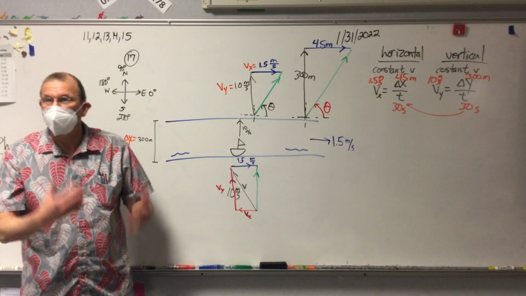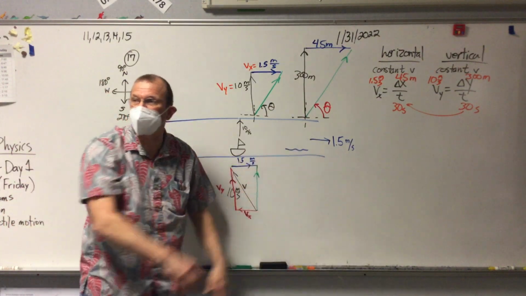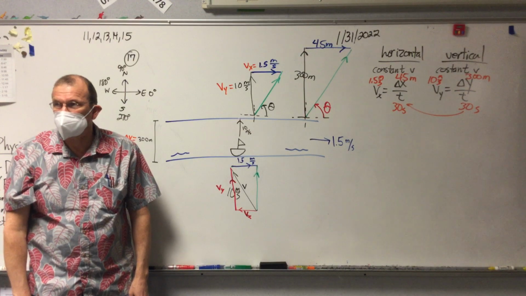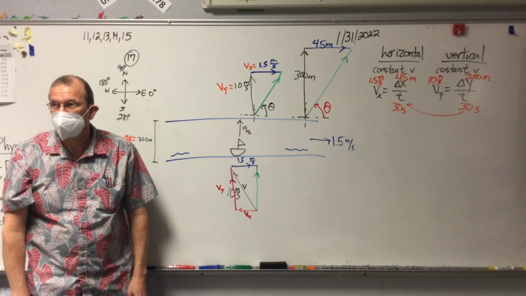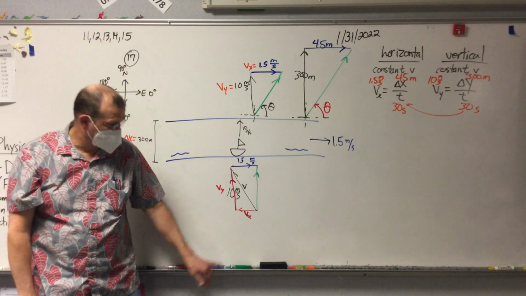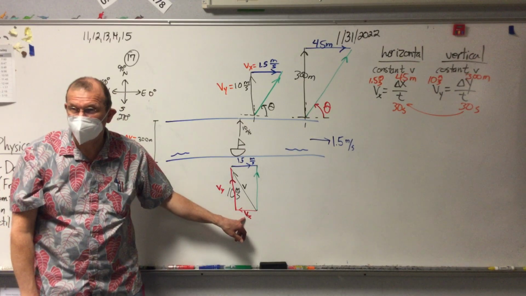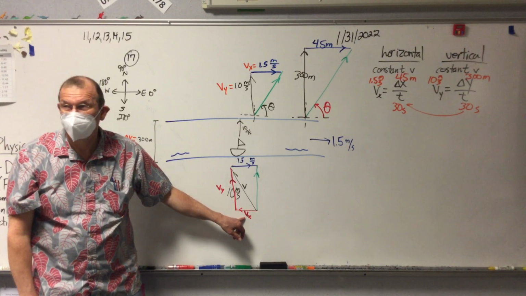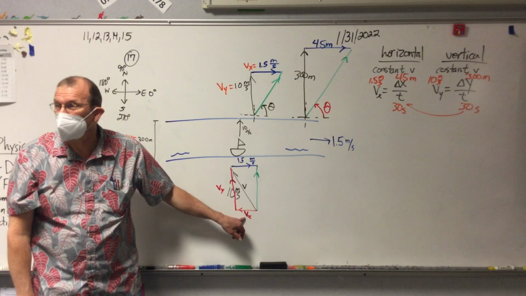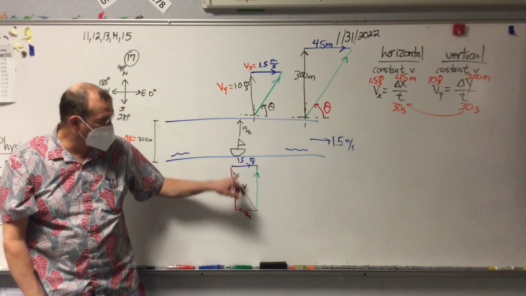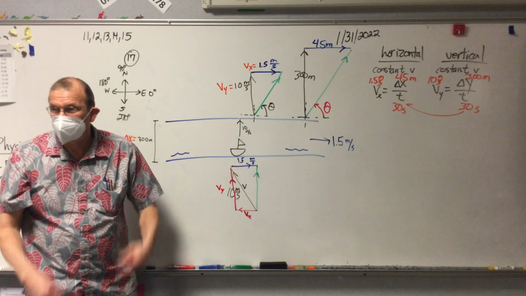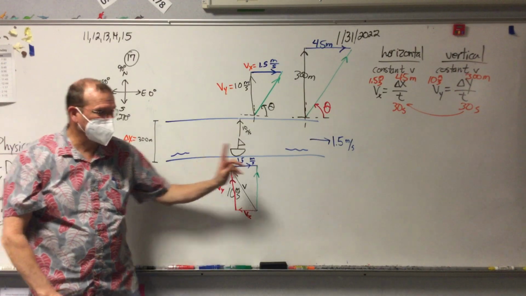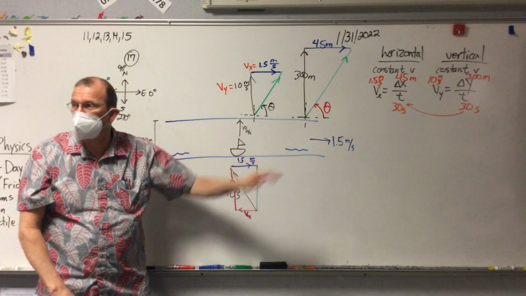The current. The water actually going downstream. We don't want that to happen. So what do we have in the picture? The opposite. Guess how big this is? Oh, 3 meters per second. Is it also 1.5? It's also 1.5. But what's different about this 1.5 and that 1.5? One's negative. So they add up to 0. So that means you're not going to move one way or the other in the horizontal dimension.